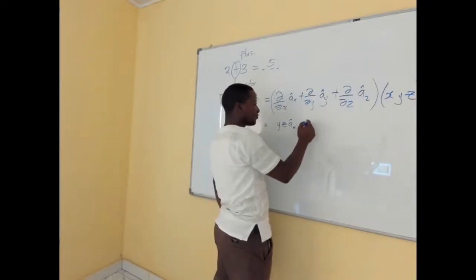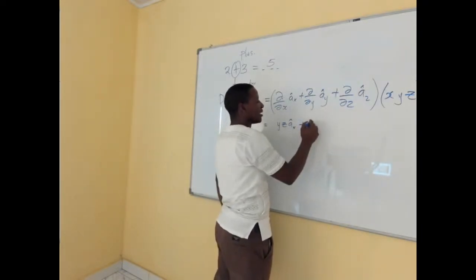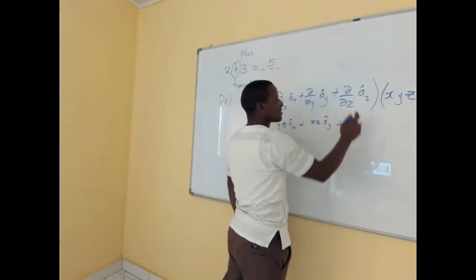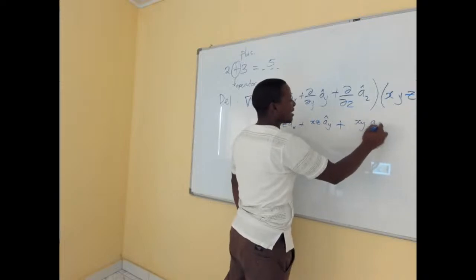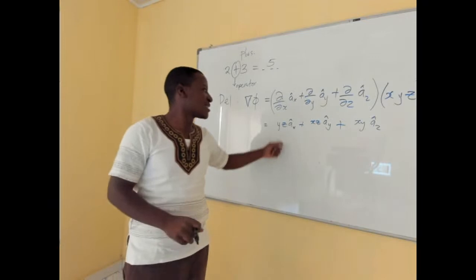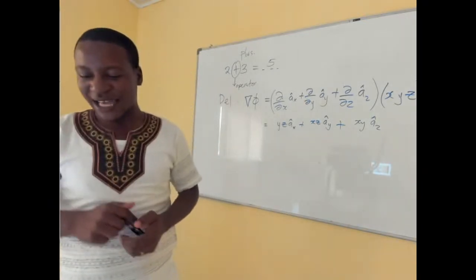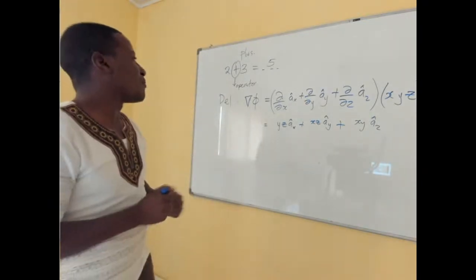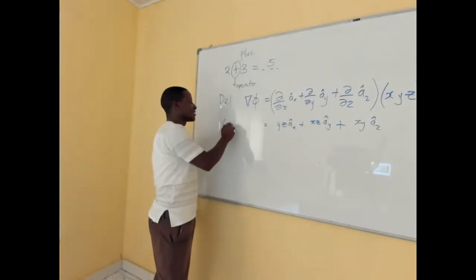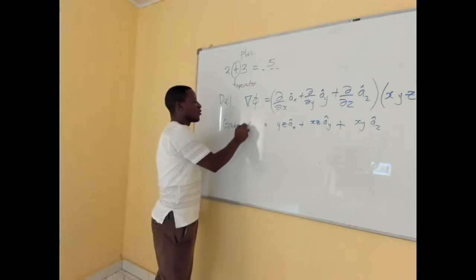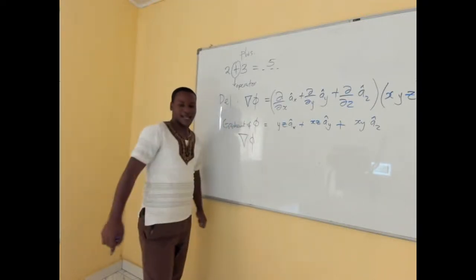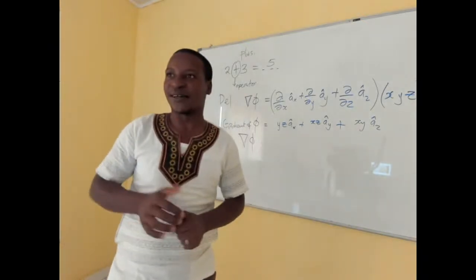Then you have the xz, then ay, then plus this will have the xy and az as a vector function. So that is what you have when that operator actually operates on this. And in other words, this is called the gradient of phi, which is defined as that, as simple as that. All right.